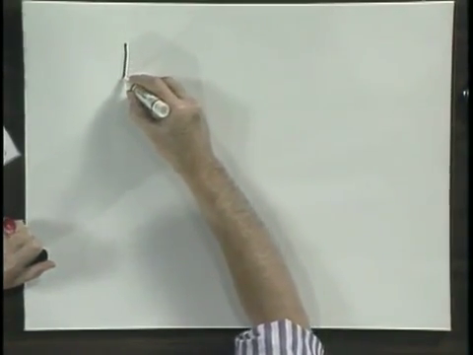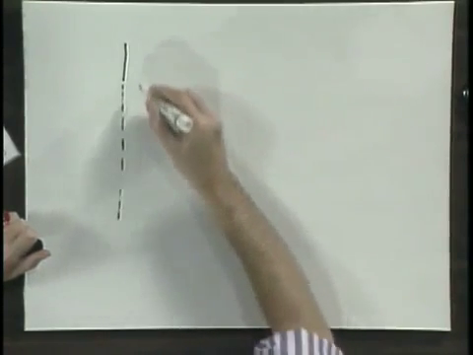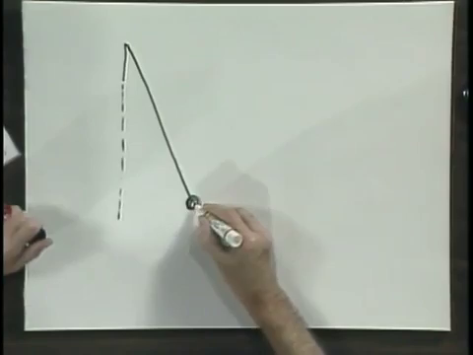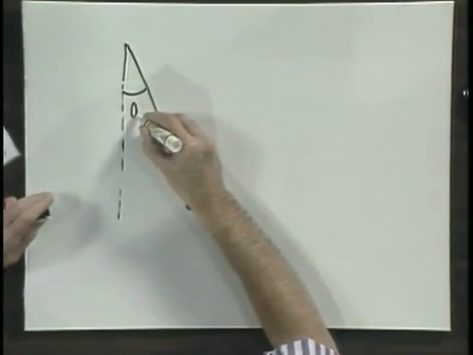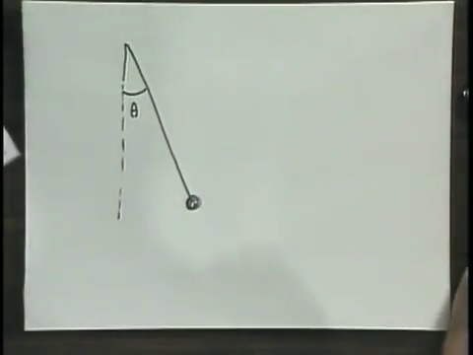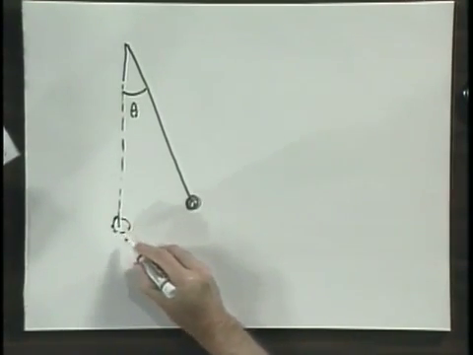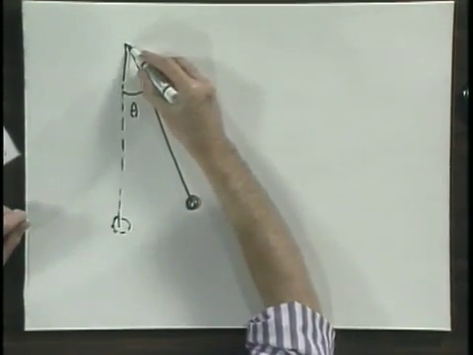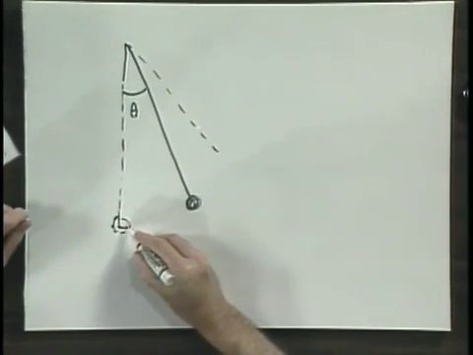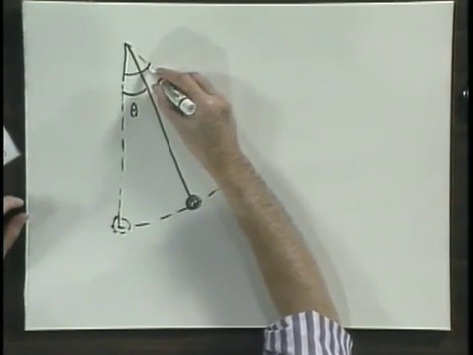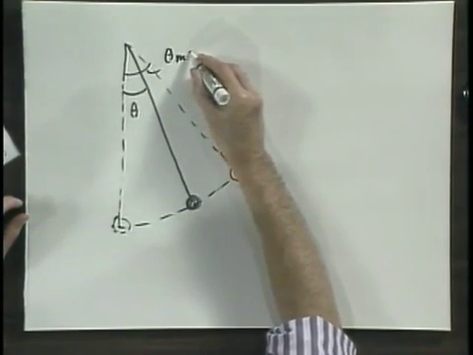Here is the pendulum. And the pendulum, say, is viewed when the angle is theta. So this is the equilibrium position, and the pendulum will ultimately swing all the way to an angle theta max.